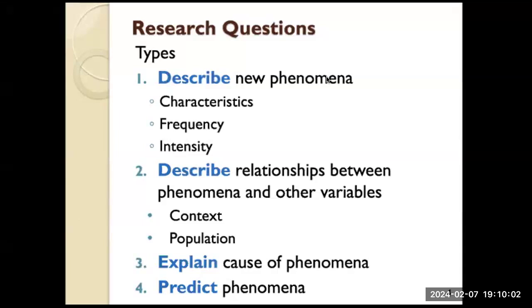And so when you consider your research questions, the topics that you're interested in, if it's something that's been around for a long time, I would say you should not be describing the phenomenon, right? It should be something, move on to the next level, which are relationships between phenomena and other variables. That one can be a multitude of different variables. It's like the example I gave in class was sort of anxiety, okay?